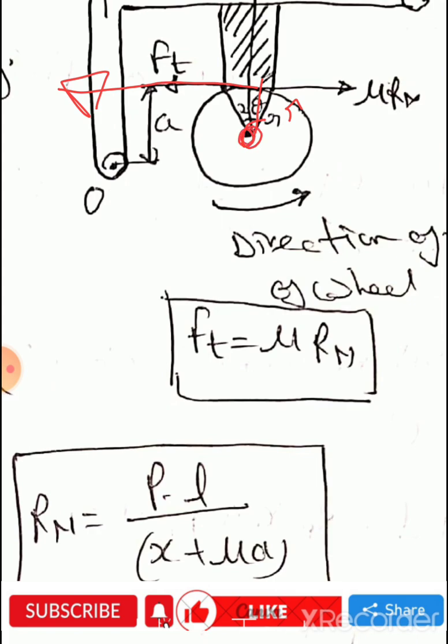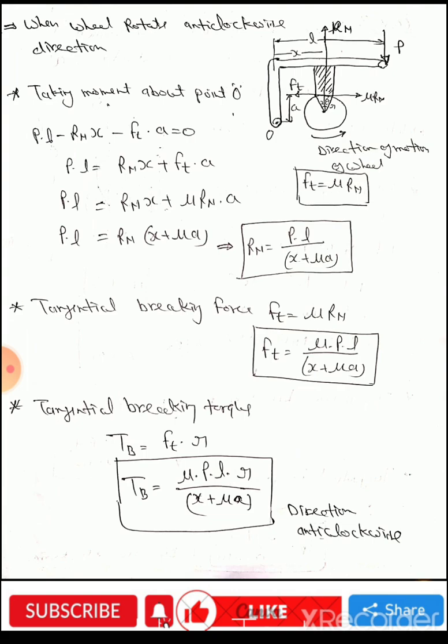So Ft makes an anti-clockwise couple or torque about the center of rotation of the wheel. So the direction of the tangential braking torque is anti-clockwise.